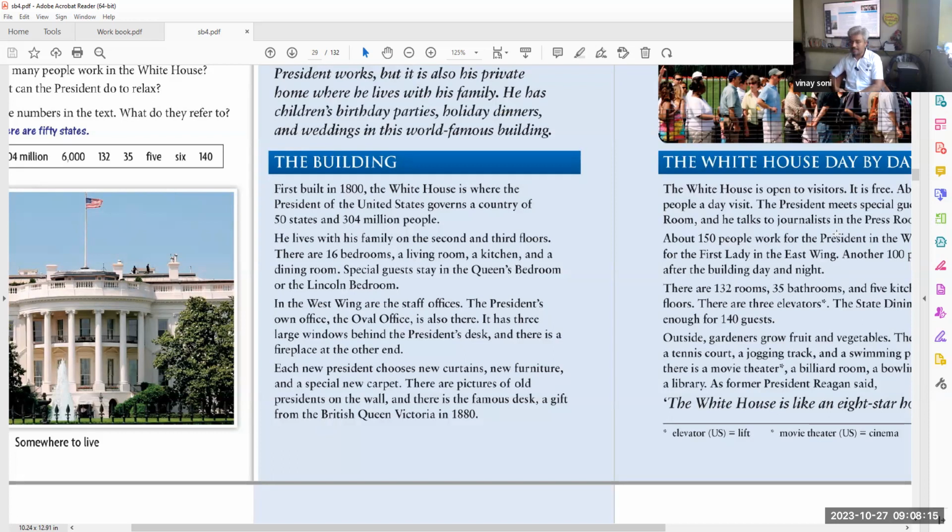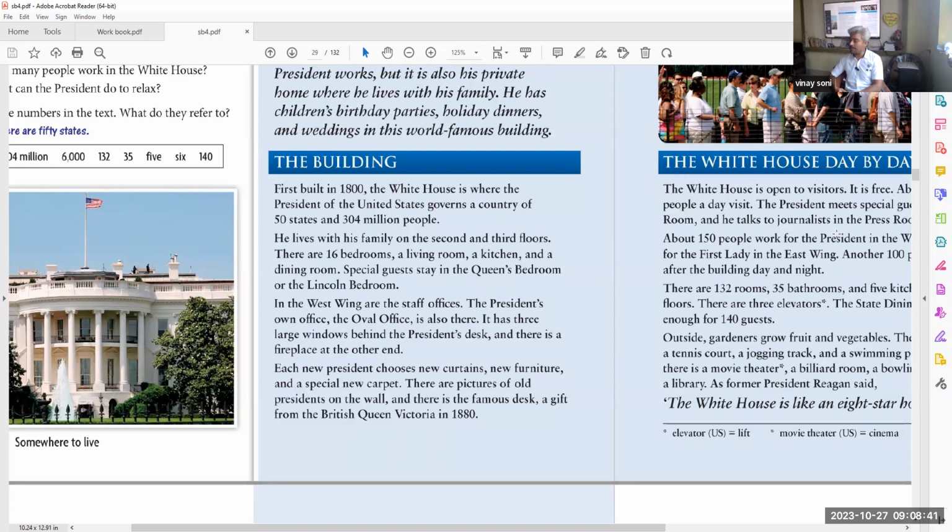So this sentence tells us that the White House is the place where the United States president governs the country. It means he works from this building, right? And governs the country, मतलब country पे शासन करना. He governs a country, and the US has 50 states and 304 million people.